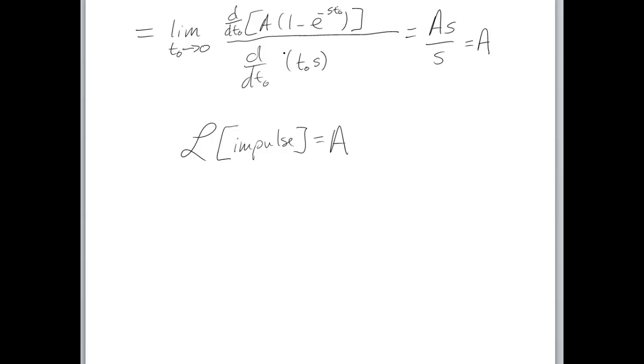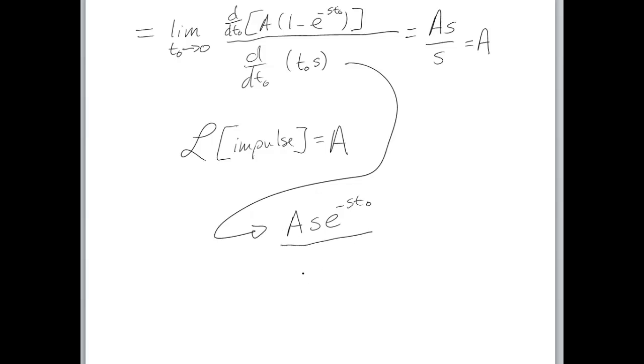Now let's take a little bit closer look at this ratio of these derivative terms where we're finding the limit. So what happened there? When you take the derivative of this term, so let's break this out a little bit further. You take the derivative of the numerator. The first part is just a constant, so the derivative of that constant is 0, but the next part is a times s e to the minus s t sub 0, and we had two negative signs, so that part becomes positive, and then the derivative of the denominator will be s.